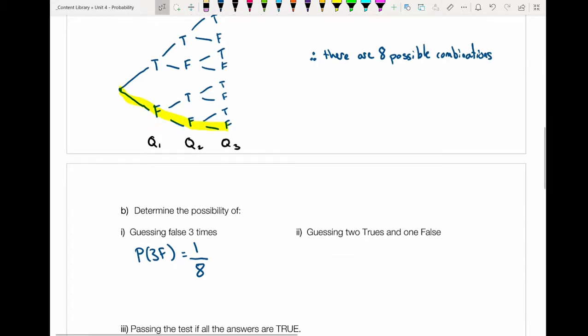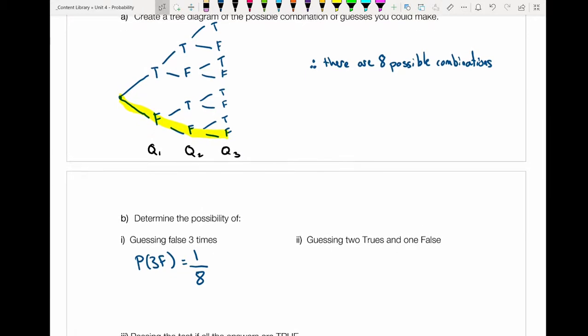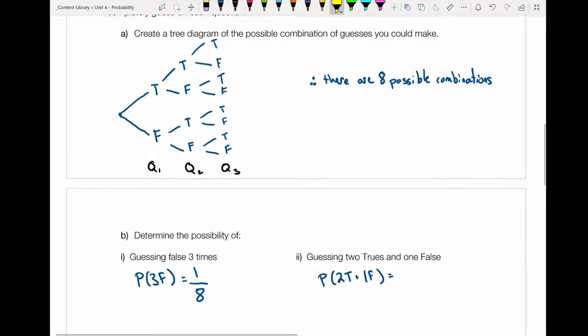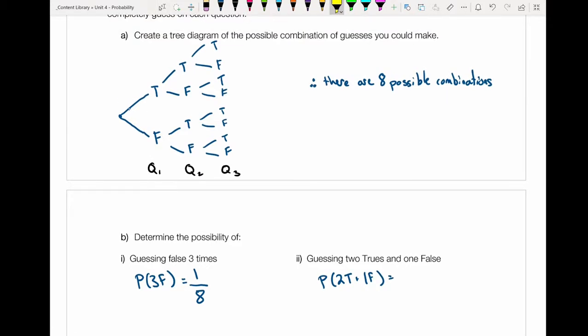For number 2, guessing 2 trues and 1 false. For the probability of 2 trues plus 1 false, I have to look at how many times that occurs. Just follow your pathway: true, true, false.